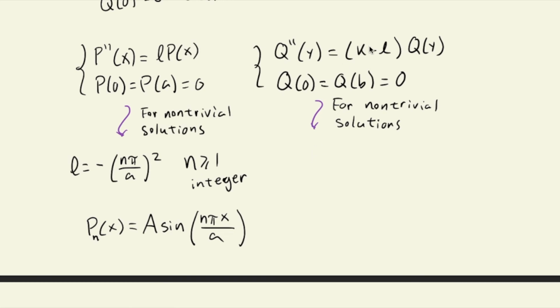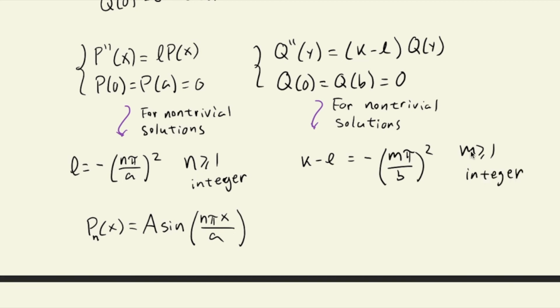We must have this constant now, the k minus L. K minus L has to be equal to negative, right? So this is like the role that the constant L was playing. K minus L is equal to negative m pi over b squared, for m some integer greater or equal to 1.